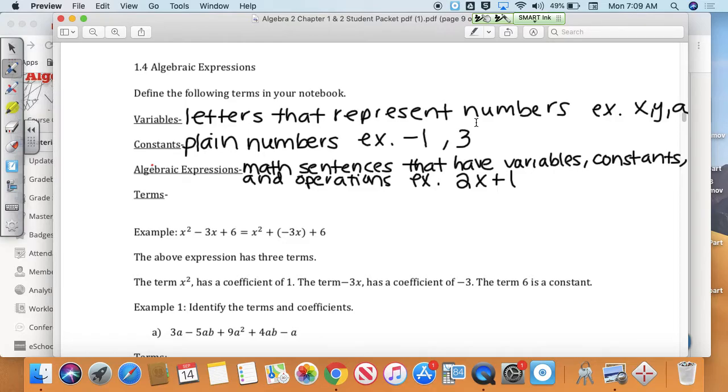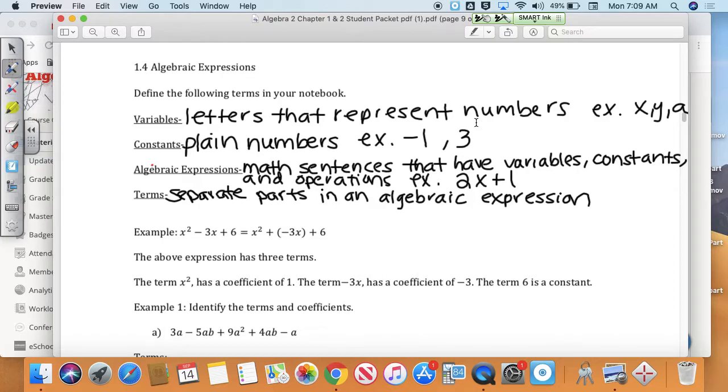Terms are the separate little parts of an algebraic expression. For example, in my algebraic expression 2x plus 1, the terms are 2x, and the other term is 1.